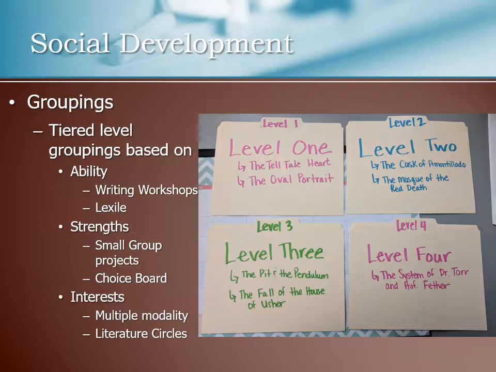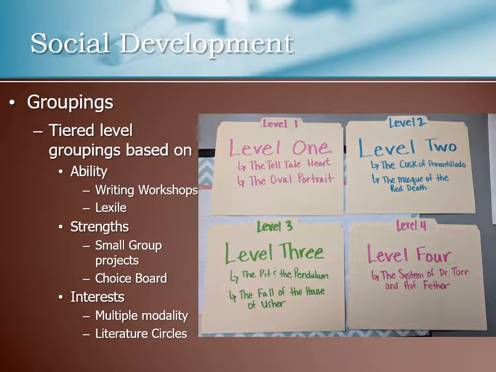Moving on to the idea of social development within the classroom, there are these ideas of groupings within the classroom. Not everyone learns the same, so there are a lot of tiered level groupings based on ability, strengths, and interests. Within the ability levels, we have different writing workshops to get those strengths up, different Lexile scores so that students aren't reading too above or below their own level.